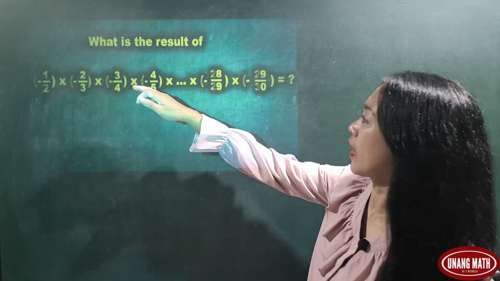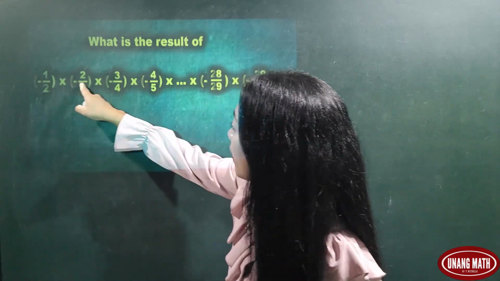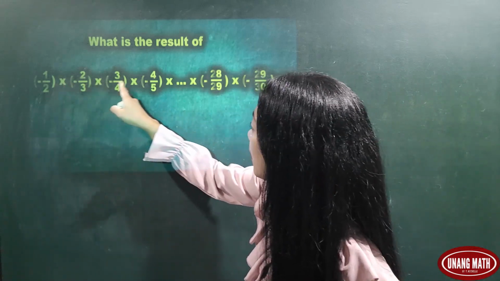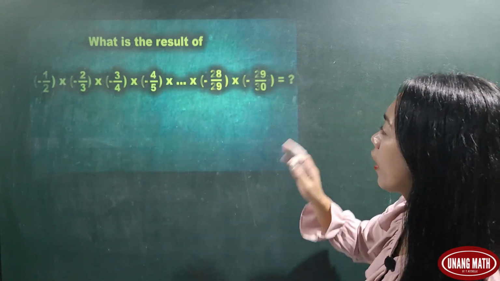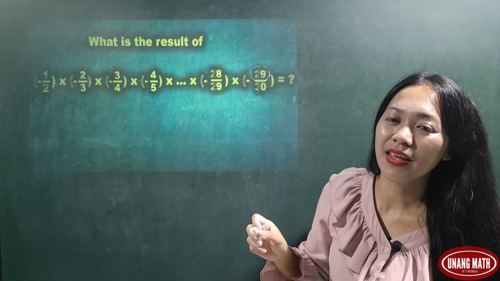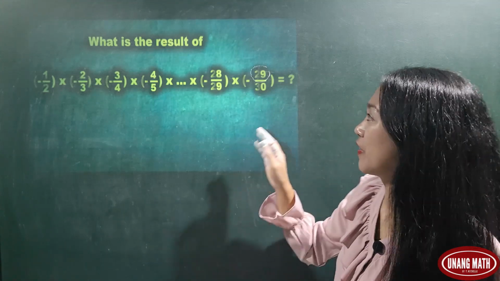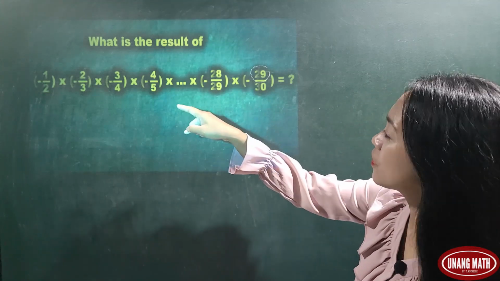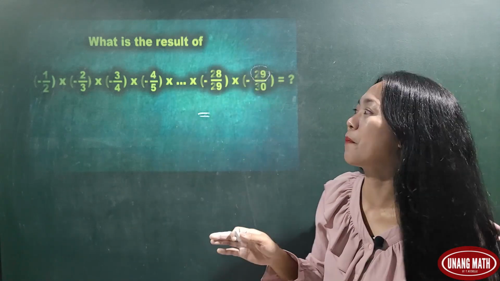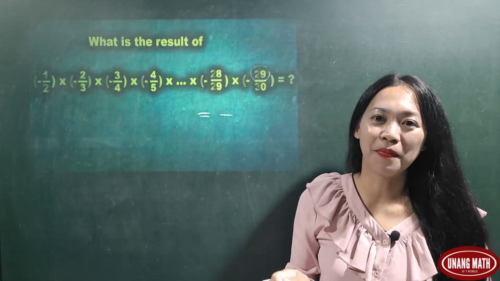If we take a look at this one, all the fractions are negative, and the operation is multiplication. Look at the last number here, 29. That means there are 29 negative numbers. So since this is multiplication and 29 is an odd number, the product is a negative number.